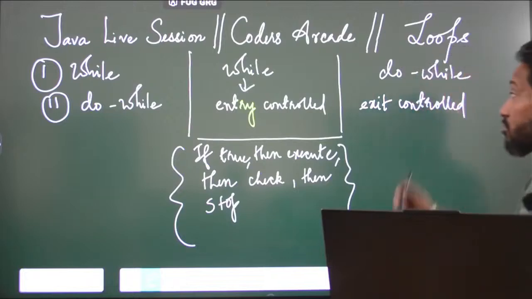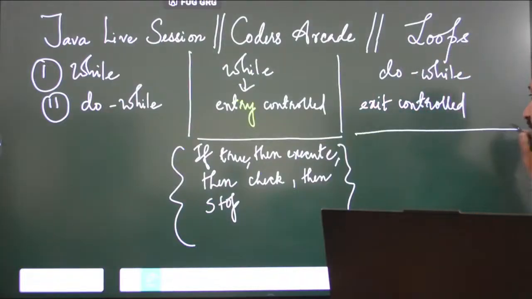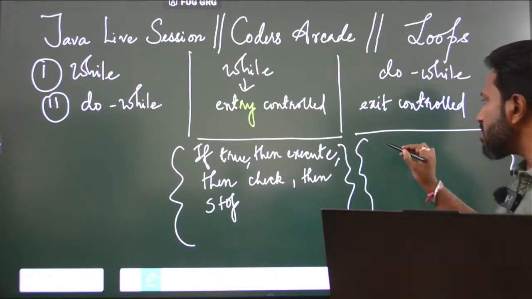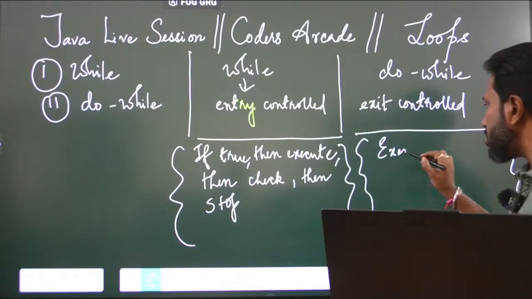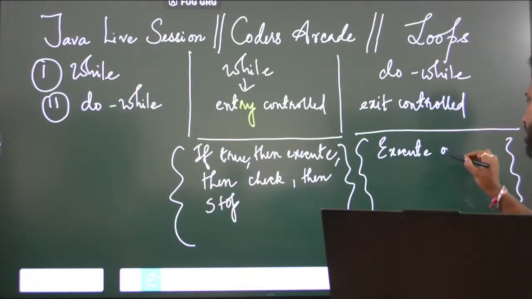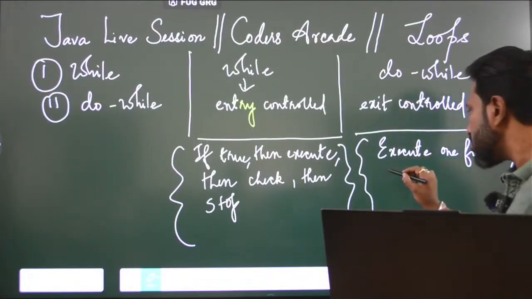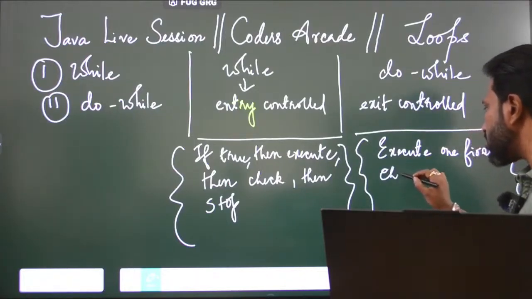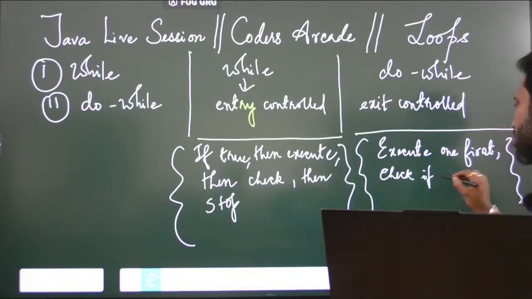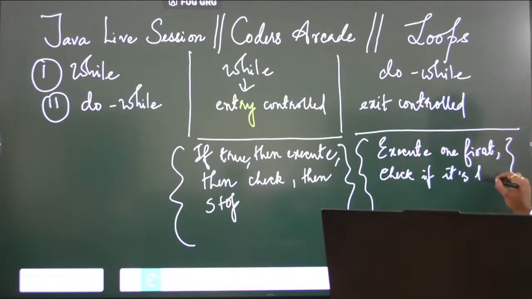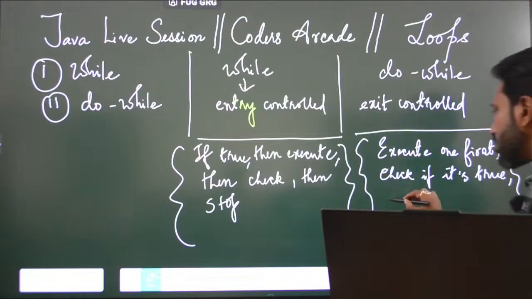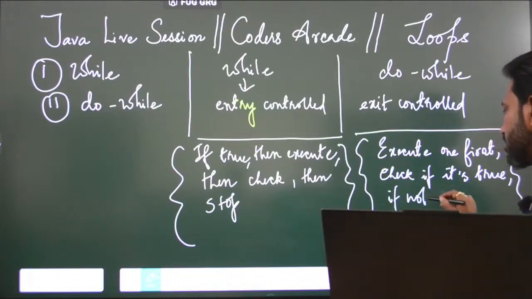But in case of do while, it is a little bit different. Execute once first, check if it's true, if not, stop.